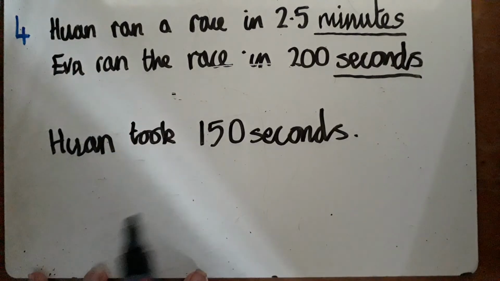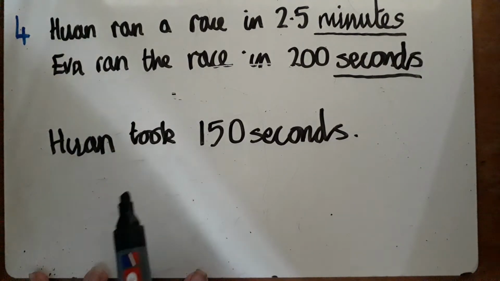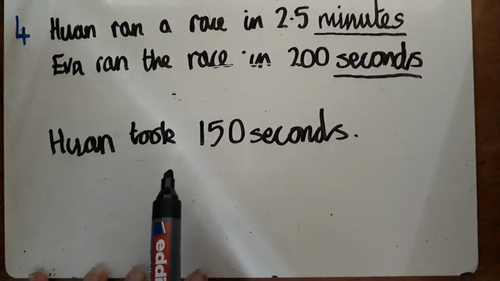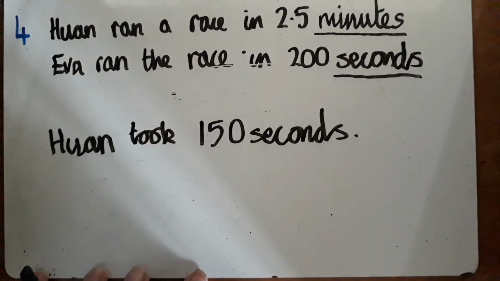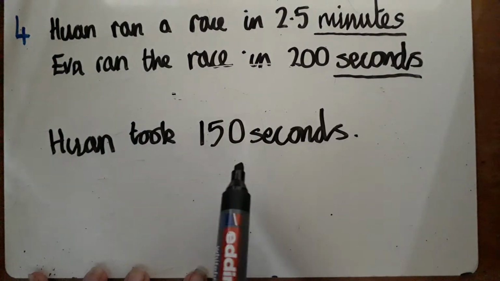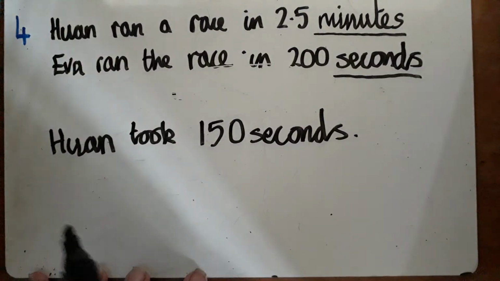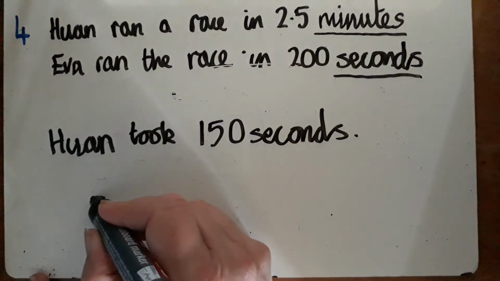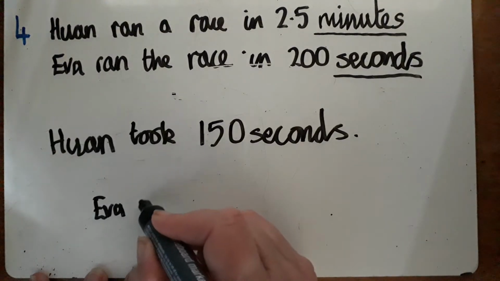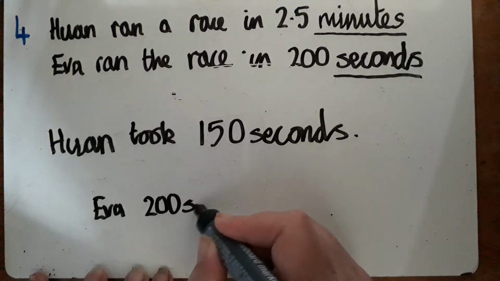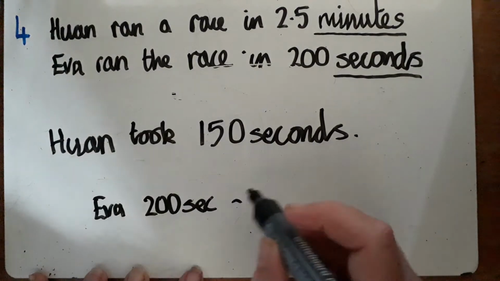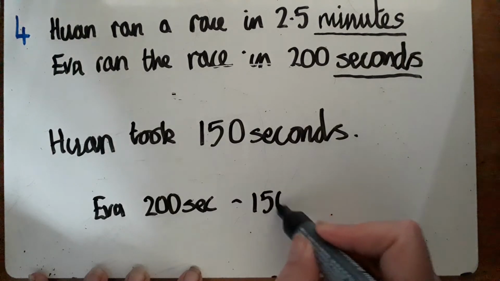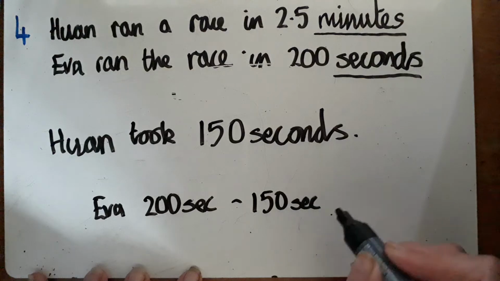So now we're on to the next part of the same question. We know Juan won the race because he was the quickest at 150 seconds. And then the question asks us, how much quicker was Juan? So if Eva took 200 seconds, and we're finding the difference, Juan took 150 seconds.